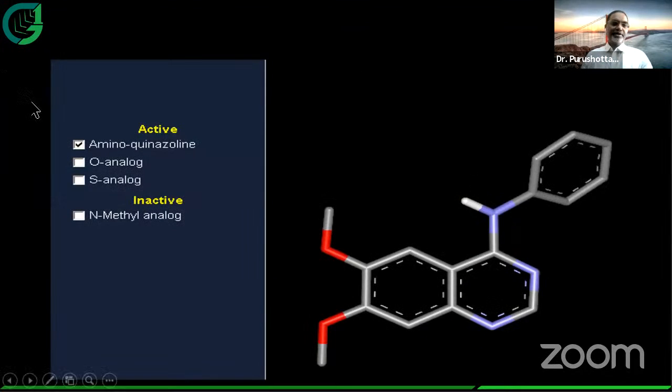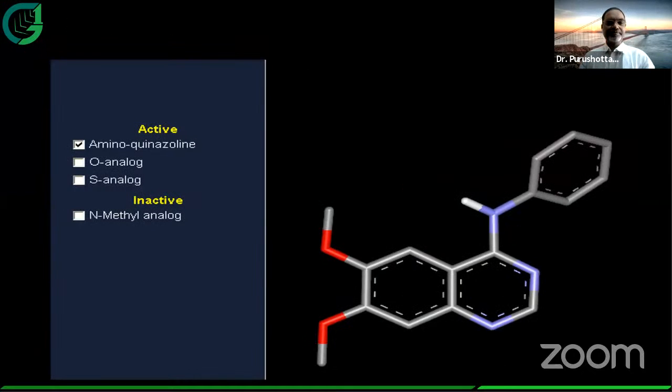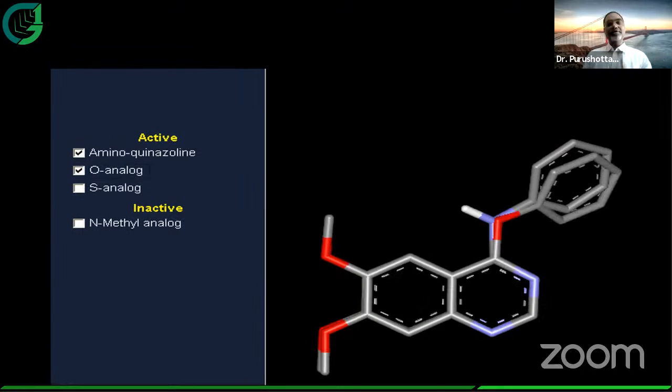Here I am trying to show you on this slide the aminoquinazoline moiety. You have seen that the aminoquinazoline moiety is the active moiety, with an activity of 14 nanomolar. Now let us superimpose the O analog onto that.